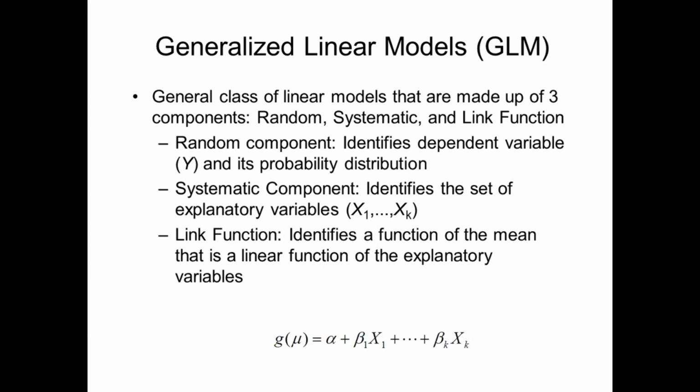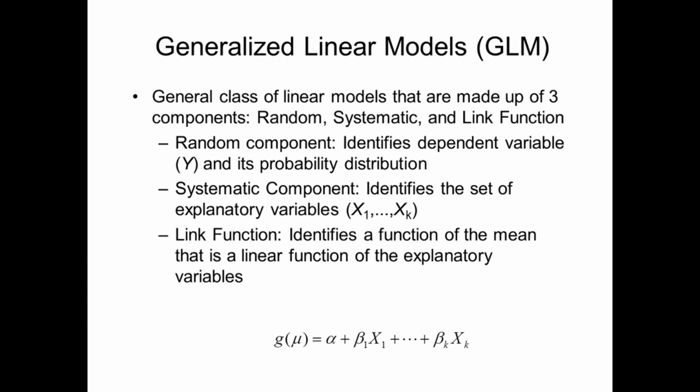So you need to identify a link function g so that g applied to the mean of the random component gives a linear relationship between the mean of our dependent variable and the explanatory variables.